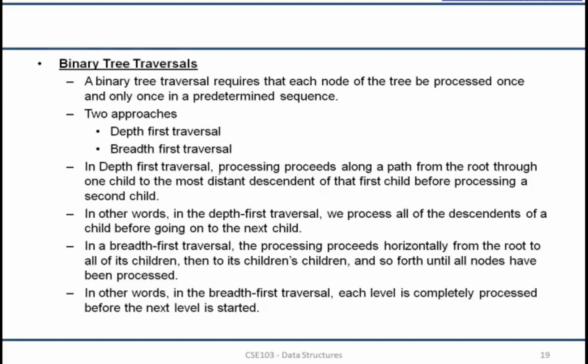In depth first traversal, processing proceeds along a path from the root to one child. So in depth first, from the root it will go to the leftmost child, then its root, then its root. Like that, the traversal will come back. And in breadth first traversal, processing proceeds horizontally from the root to all of its children, then all its children.